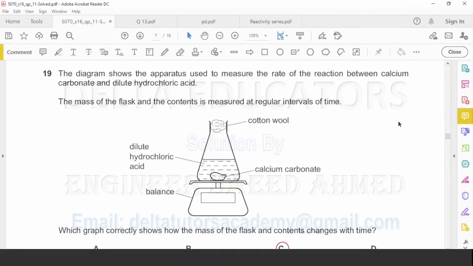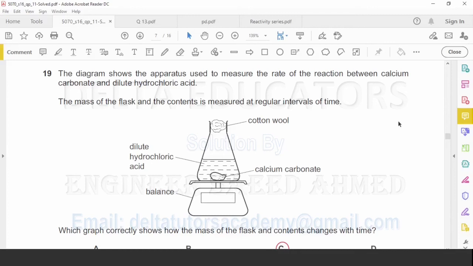Question number 19. The diagram shows the apparatus used to measure the rate of reaction between calcium carbonate and dilute hydrochloric acid. The mass of the flask and the contents is measured at regular intervals of time. Which graph correctly shows how the mass of the flask and the contents changes with time? When we react calcium carbonate with dilute hydrochloric acid, we get calcium chloride, water and carbon dioxide.